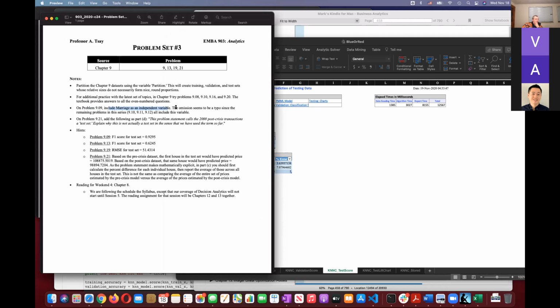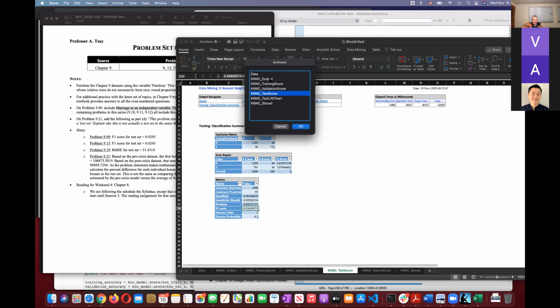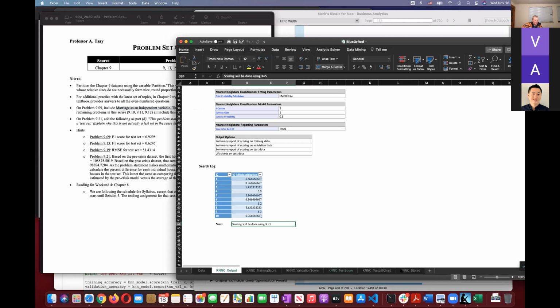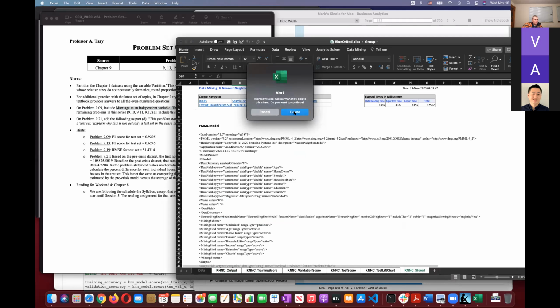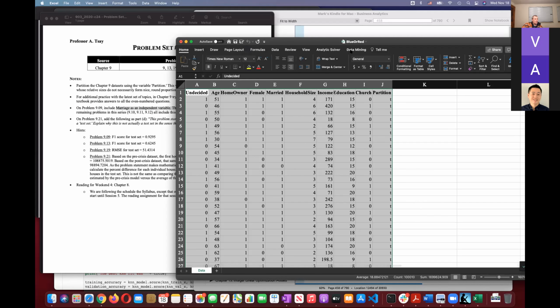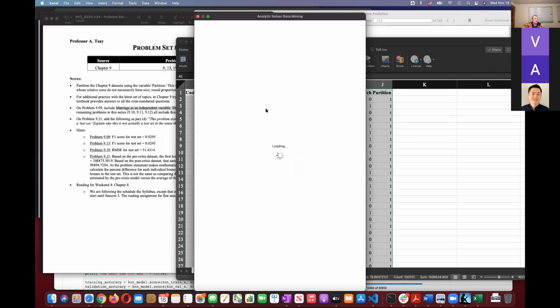On problem 9, include marriage as an independent variable. The omission seems to be a typo. So that's why we got a different number. He said to include marriage as an independent variable. So we are going to delete the runs and rerun this, classify k-nearest neighbors.